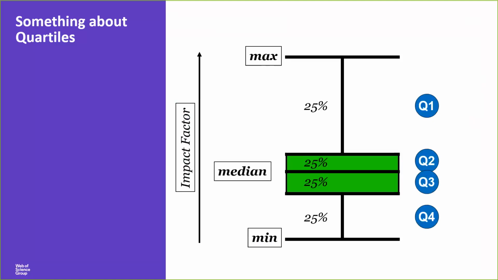So depending on the number of journals indexed in each subject category, the journal might sit in different quartiles. Now, at this point, some of you might ask me about the quartiles in JCR versus the quartile in, for example, Scimago. Some of you might know Scimago.